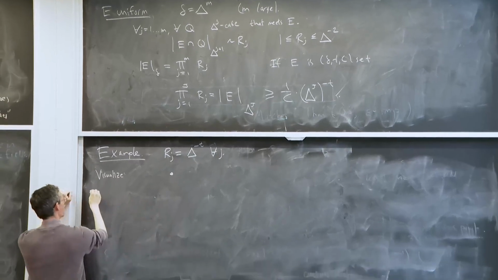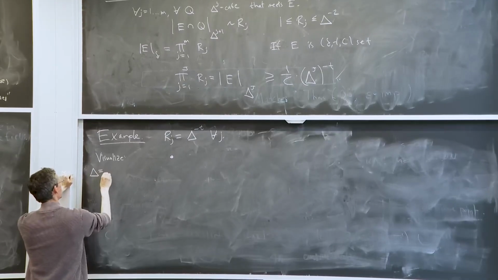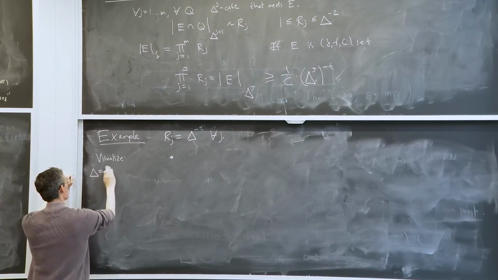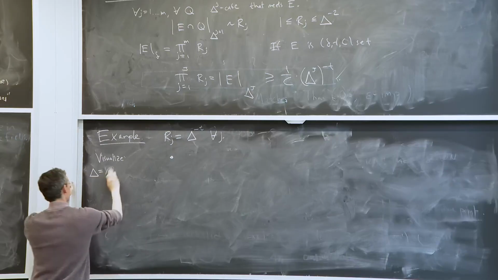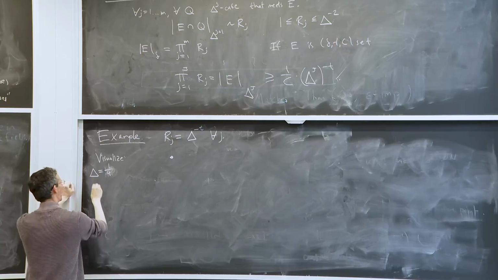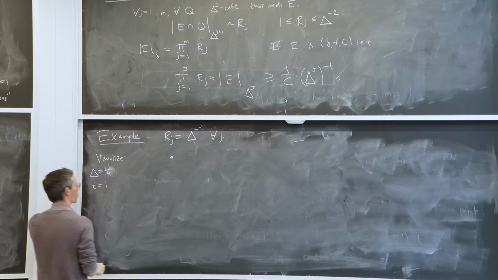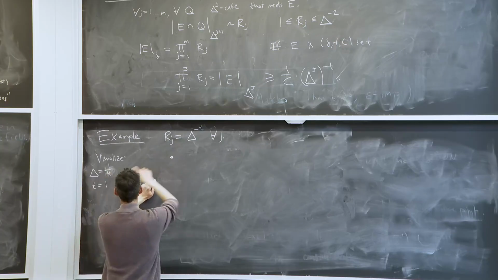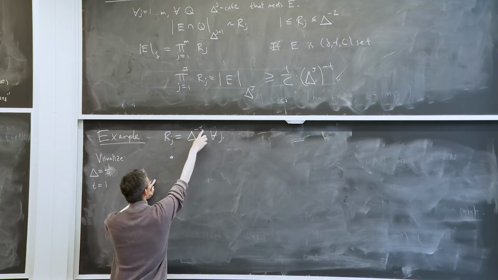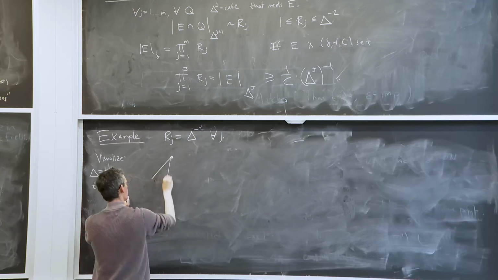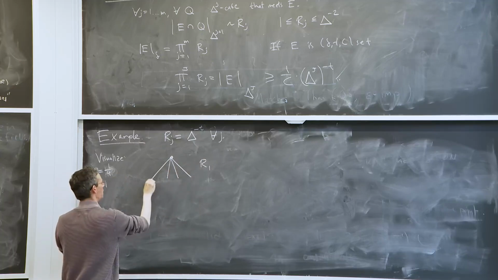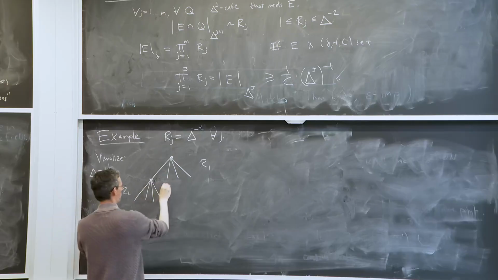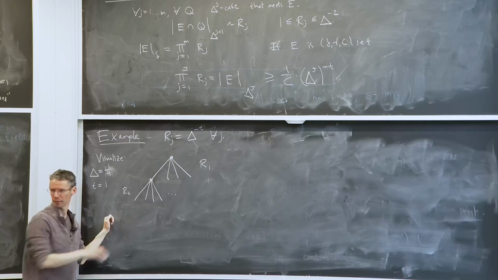So in my visualization, I picked that capital Delta is 4, delta is 1/4, and t is going to be 1. So in my visualization, delta to the minus 1 is going to be 4. I'm going to have a tree, so there'd be r_1 guys coming out of it. And then each of these have r_2, which is also 4 branches coming up. I won't draw that, but they're all the same.